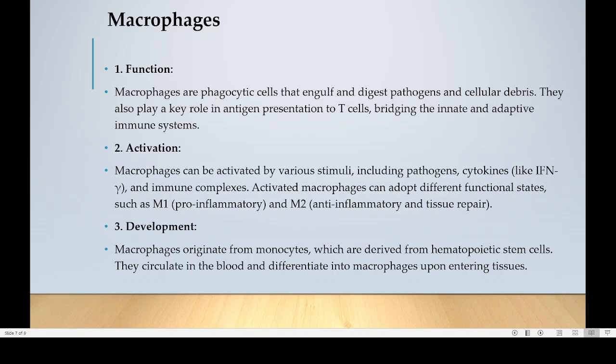They will be feeding on the pathogen or microorganism and also on the cellular debris. Debris means remains, and they play an important role in antigen presentation to T cells. How? Because one important function of these macrophages is that they will be identifying cells and presenting. I will show you a picture of that.